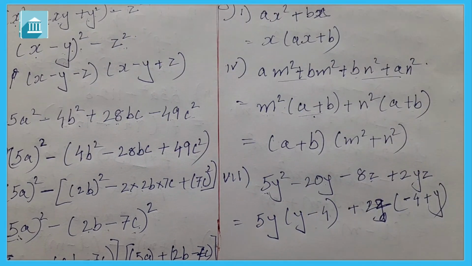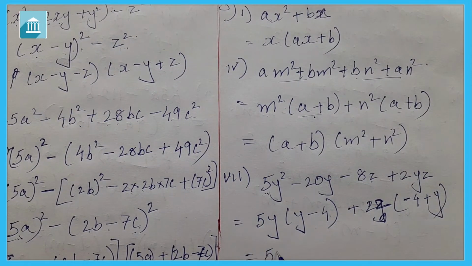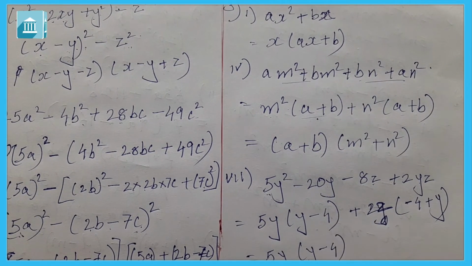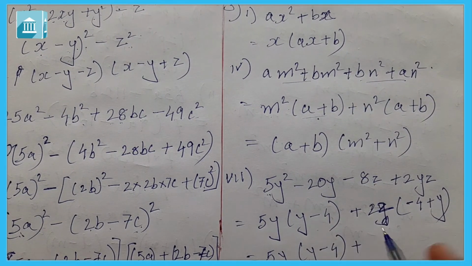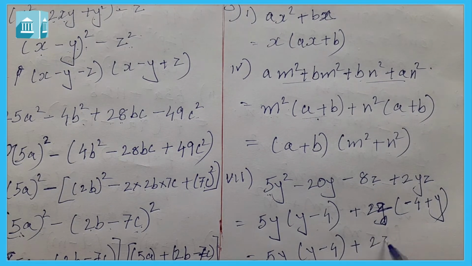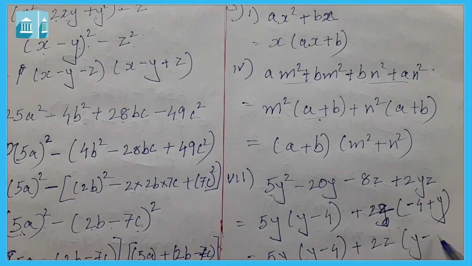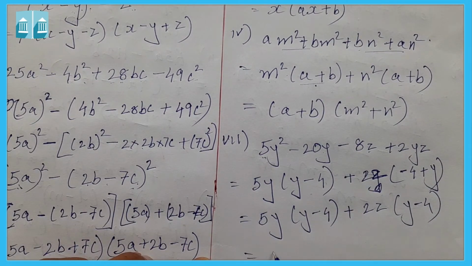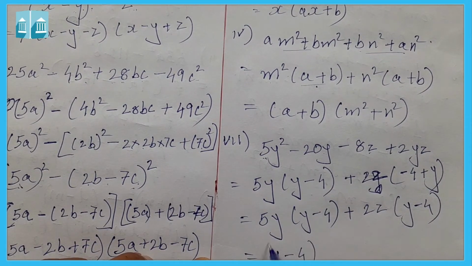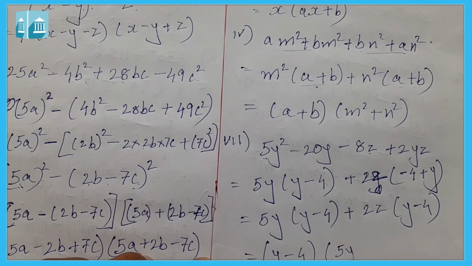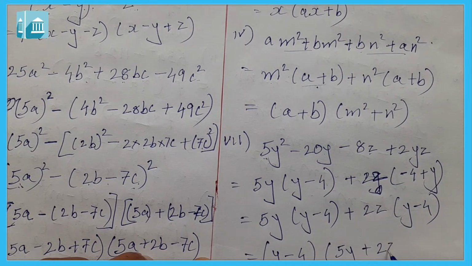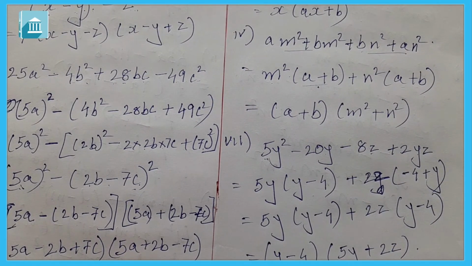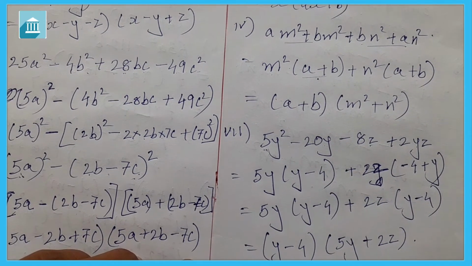So we can write this as 5y into (y minus 4) plus 2z into (y minus 4). And this can be written as (y minus 4) into (5y plus 2z).